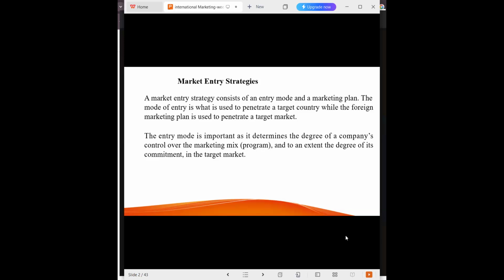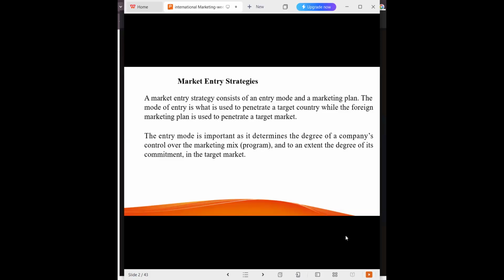It will determine the degree of control over the logistics, the distribution, channels of distribution. That is very key for any company that wants to engage in international marketing. So the logistics is very important. Channel of distribution is quite important, and promotion. So all these are called the marketing mix or the 4Ps. So you can look at it from that perspective.